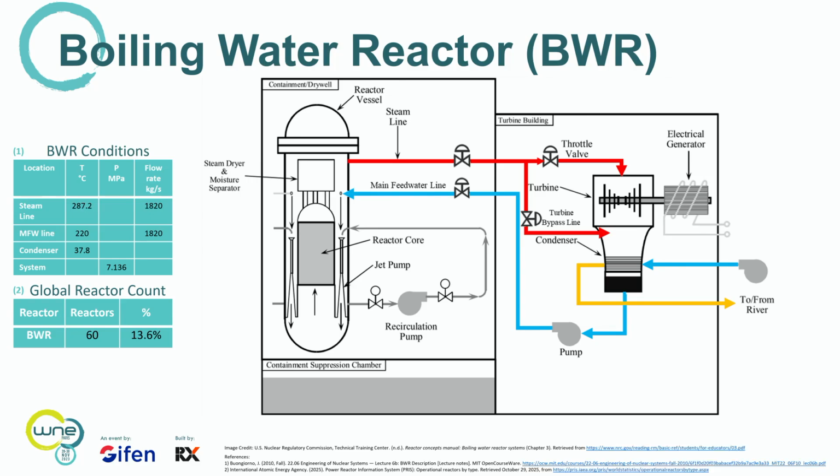Here, these are the symbols for valves. As you can see, they are on the main feed water line and also on the steam line. This one is low temperature, and this is high temperature. About 10% to 13% of the reactors today are boiling water reactors. Those are first-generation reactors.